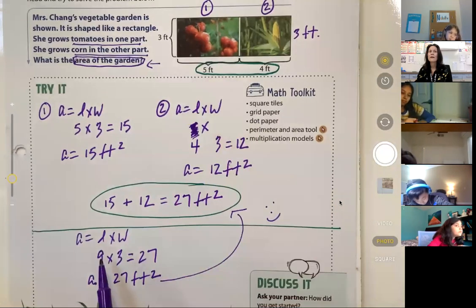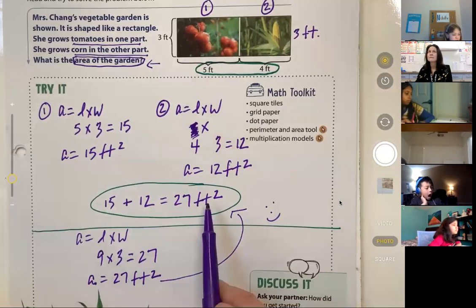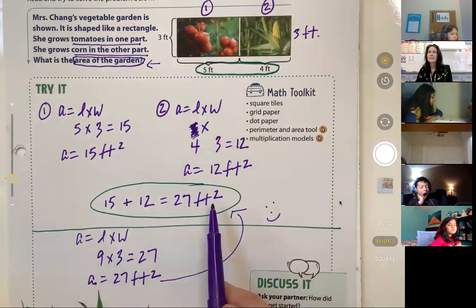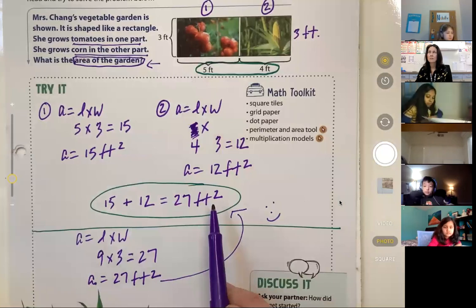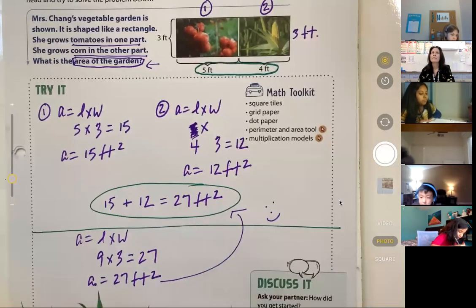The width, of course, remains the same. I'm still getting 27 square feet or feet squared, and you can see that it matches when I did the sections separately. Okay? I will give you just a minute to get those notes written down.